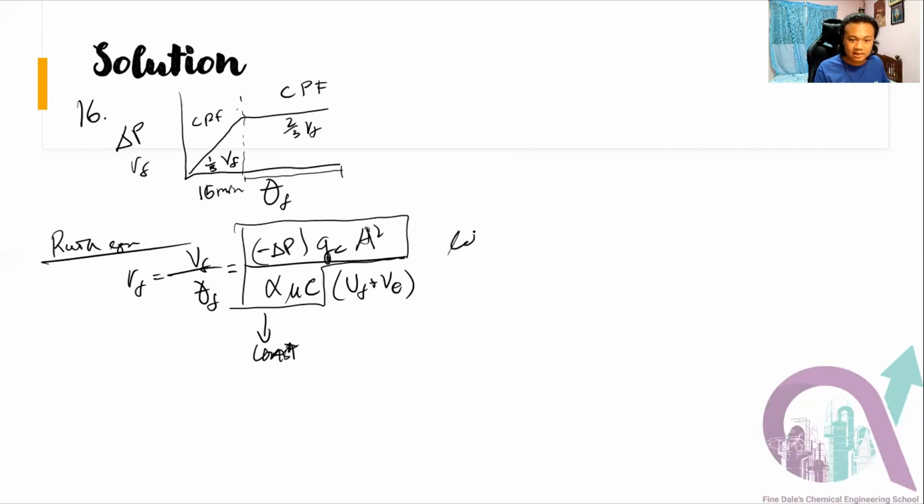So let, and I don't know why they have it as K over 2. K over 2, okay? So you have now your RF, K over 2, then you have your VF. This is VR, and this is also VR because we are talking about constant rate filtration.